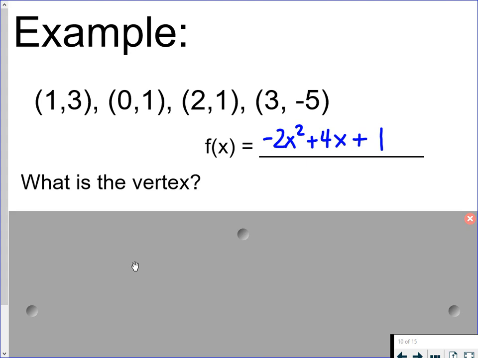Second calc, and then maximum. If you notice at the bottom of your screen, it asks you a question.